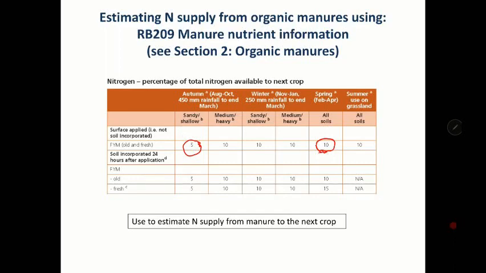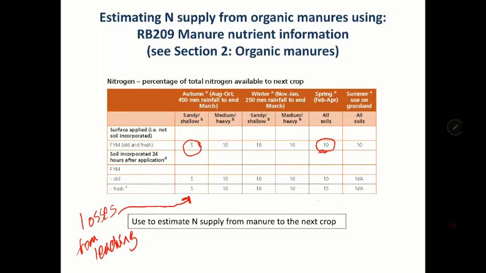If you wait till the spring to put it on, then that's not going to happen. So you get about twice as much out of it. So that's why this one in particular has a lot of loss, let's say losses from leaching.